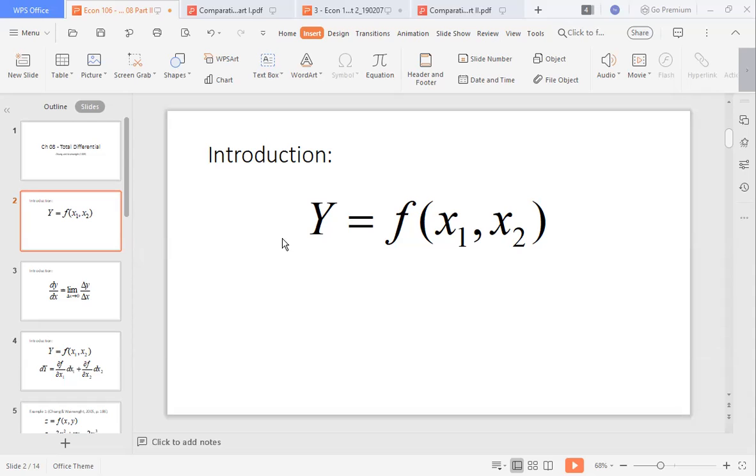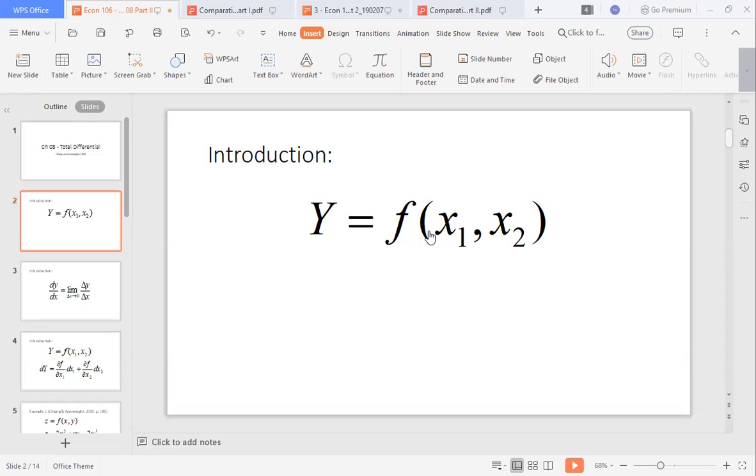So partial derivatives talk about changes in x sub 1 and x sub 2, while total differential talks about the change in the dependent variable. So again, it's delta y, that's dy here, the total change in your dependent variable. That is the difference between total differential and partial derivatives.